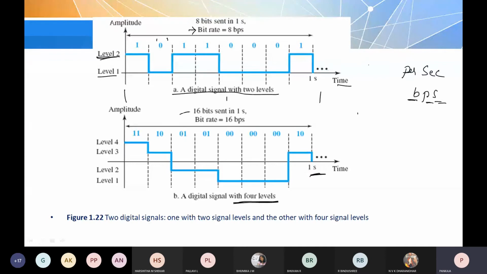So the bit rate here is 16 bps. It is going to send 16 bits per second if I go with 4 levels for representing the digital signal. If you keep on increasing the levels, obviously the bit rate is going to be more. Is it clear?